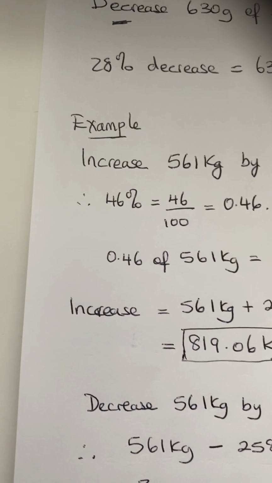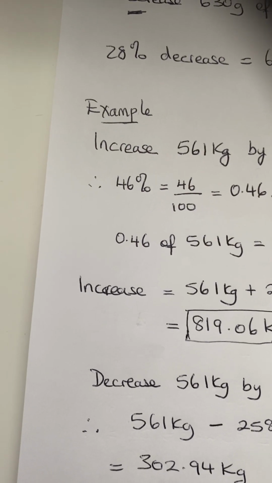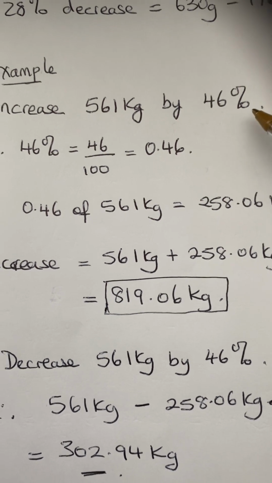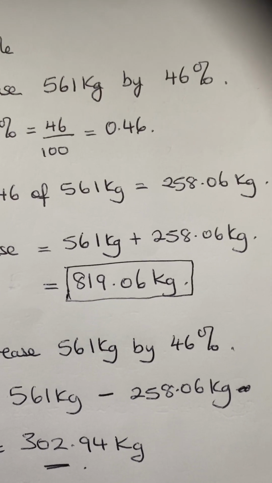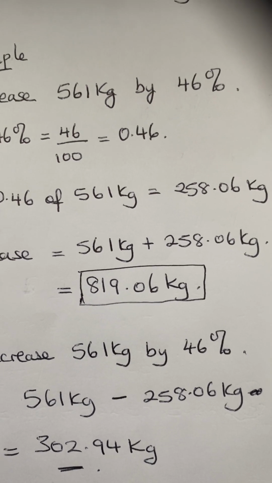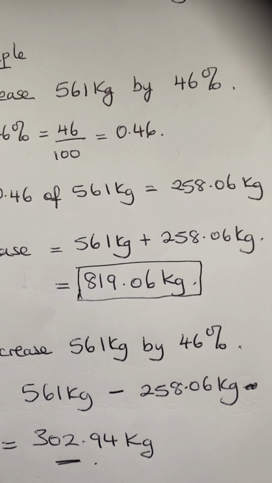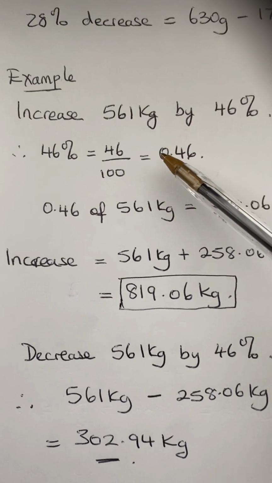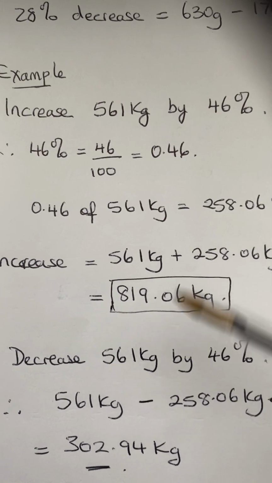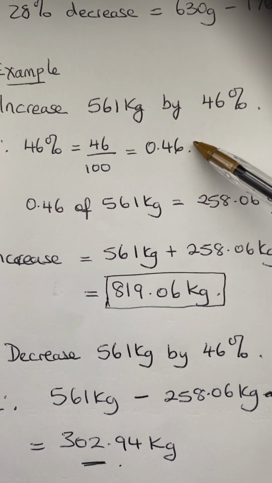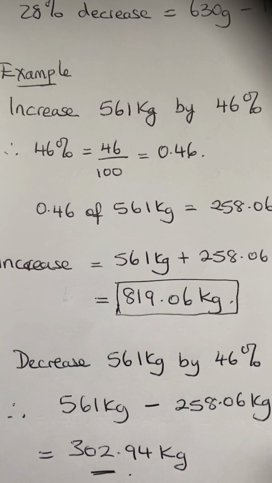Another one is, if they give you 75%, you can halve it, which is 50%, and then halve the 50%, add them together. Whether it's increase or decrease, you increase by adding and decrease by subtracting.